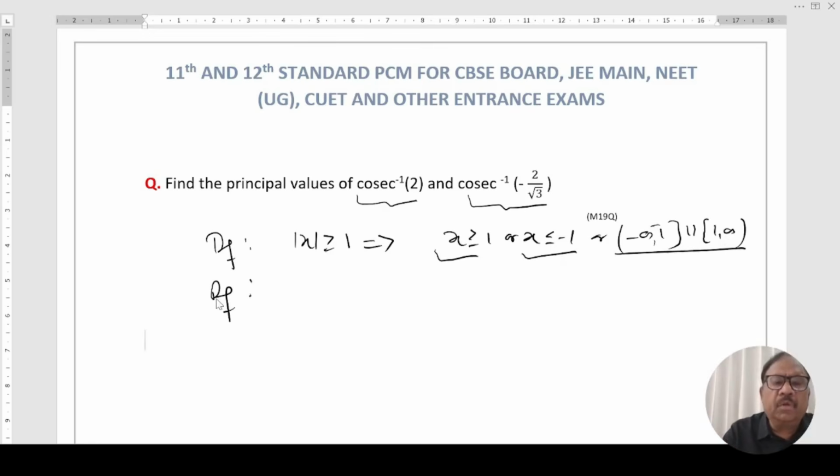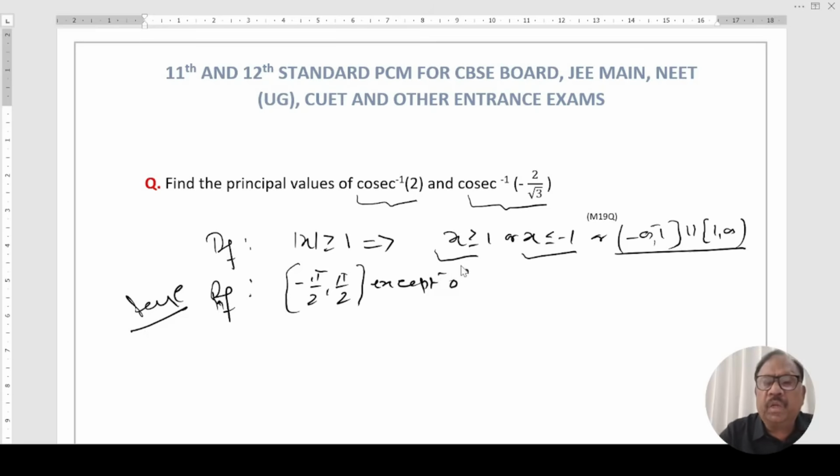And this is the range of the function. The range of the function is minus pi by 2 to pi by 2 except 0. We know sine inverse 0 is 0, so cosec inverse x will not be defined there.